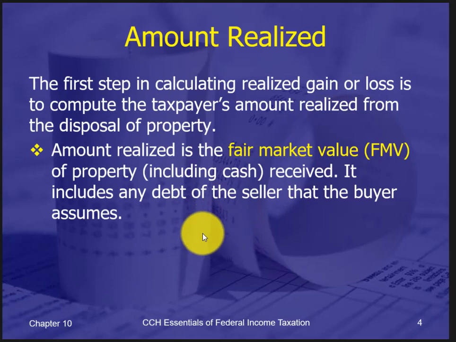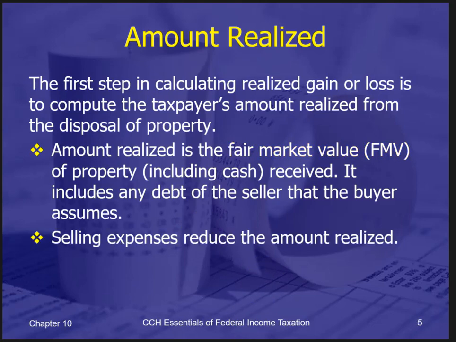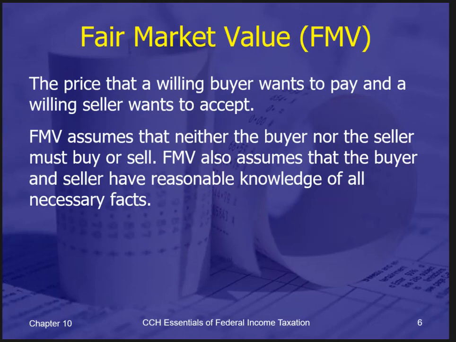So you get rid of a property that is subject to a mortgage, they assume your mortgage, that is included in the amount realized, the amount you receive. Selling expenses reduce the amount realized.